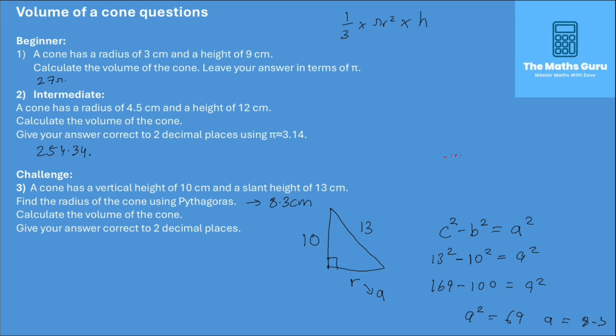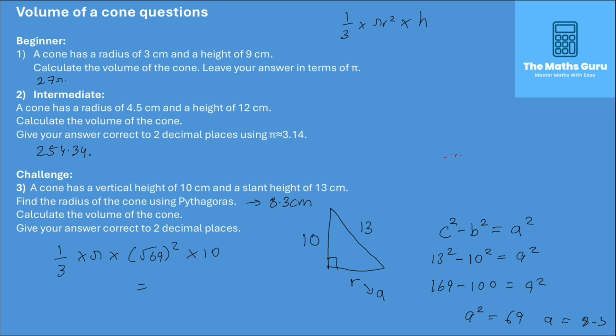Now to calculate the volume of our cone, we can use the formula 1/3 times pi times root 69 squared, and I'm going to use the exact value just for accuracy in the next answer, times our 10.